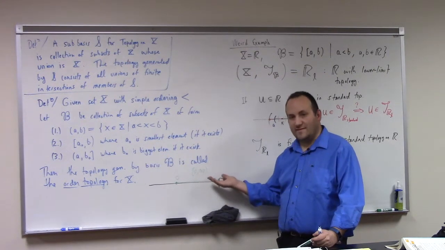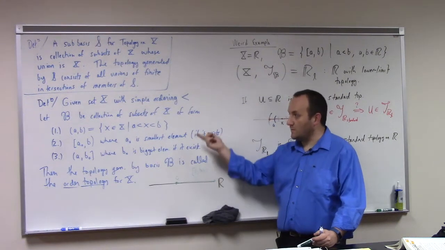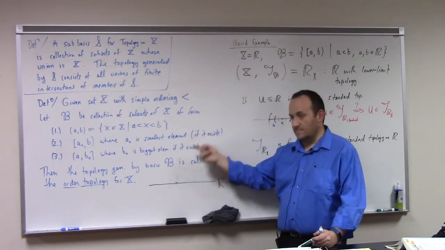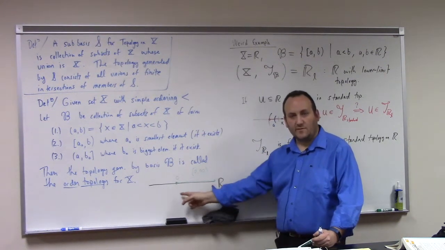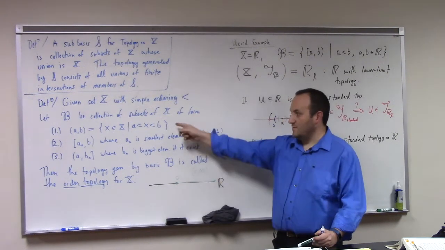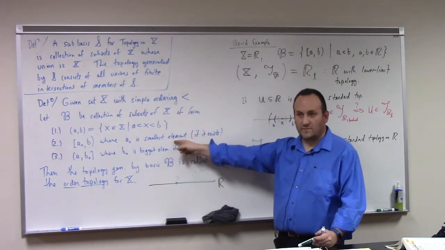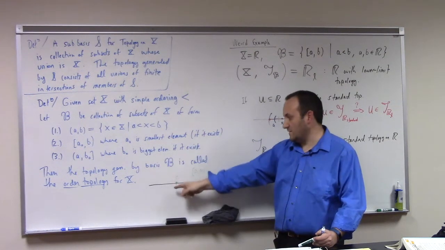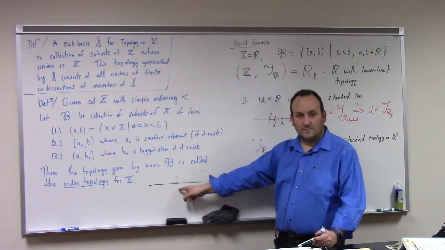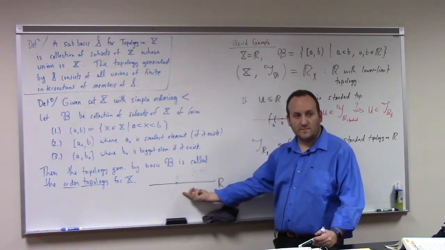My point is that the basis you get for the subspace topology here is nothing more than the order topology with respect to the standard ordering of the reals. Because the order topology takes as a basis plain Jane open intervals, and also these things where there's a smallest element, which exists at 0. And case 3 is not realized for the non-negative reals.